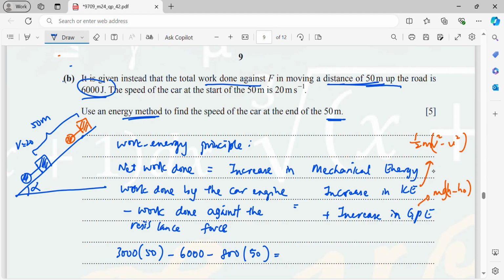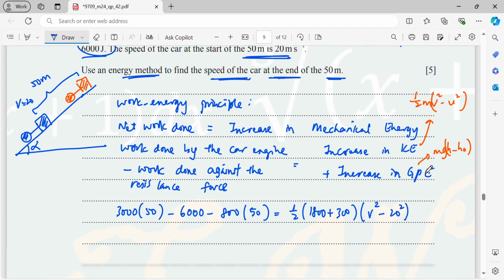So then from here, I will say half, the total mass is 1800 plus 300, multiplied by v squared, because that is the v that you need to find, the speed of the car at the end of 50 meters, minus the initial speed, which is 20. So you minus 20 squared.